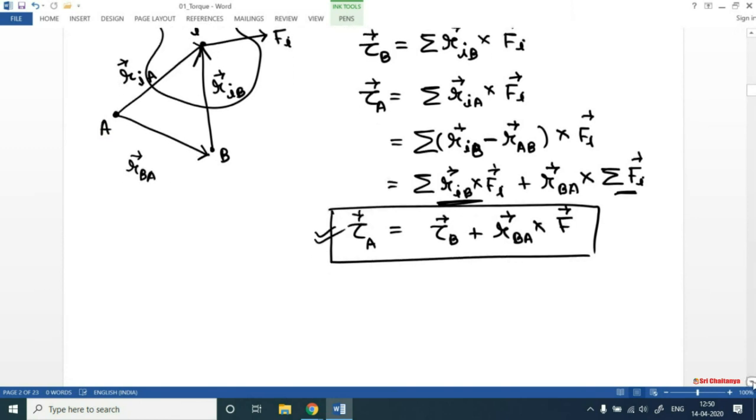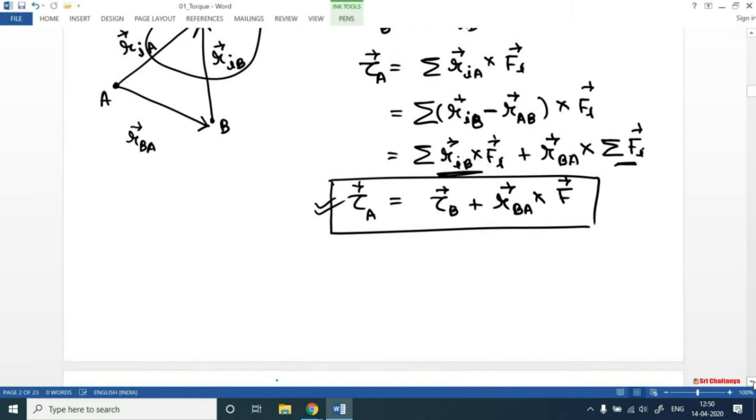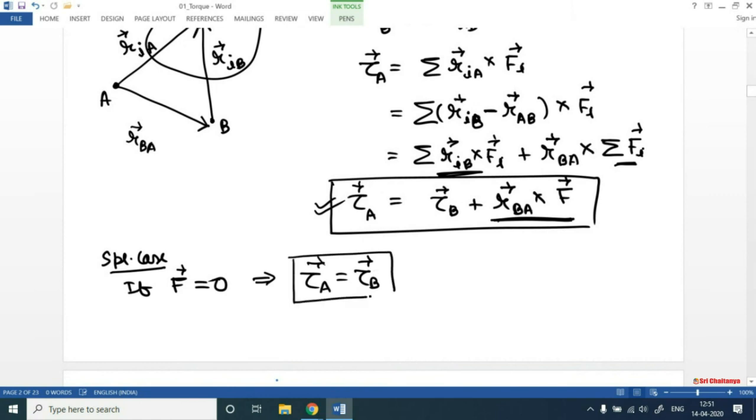Now, closely looking at this relationship, this gives us a wonderful result. That special case I must write. So if the net force acting on the body, if F is equal to 0, then the second term of this expression will become a null vector. So that will give us tau A is equal to tau B. So that means if the net force acting on a body is equal to 0, the torque will not depend upon the choice of point.